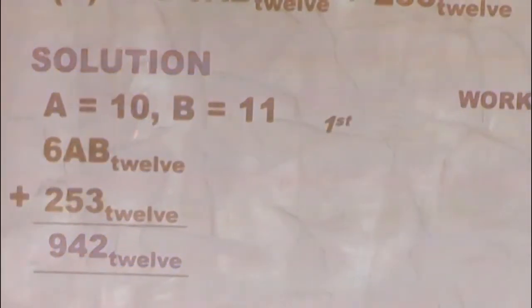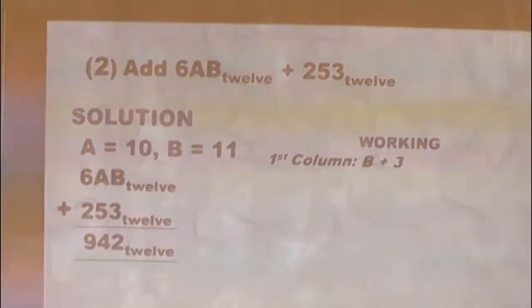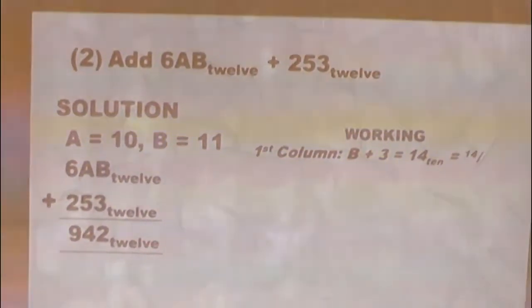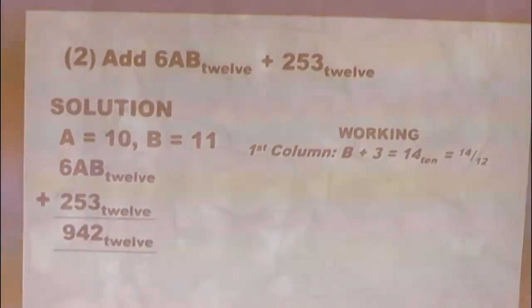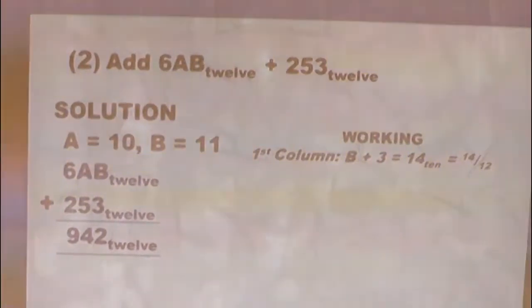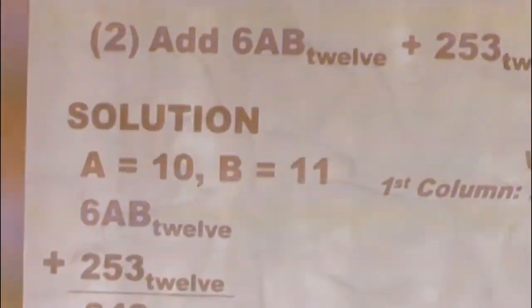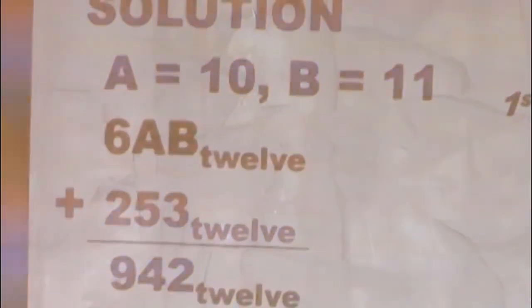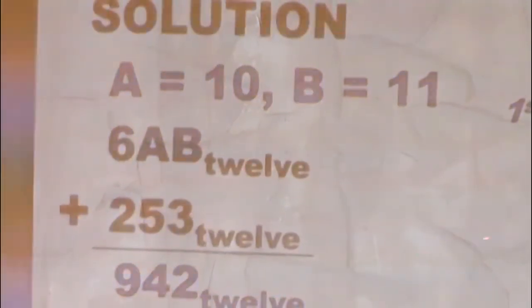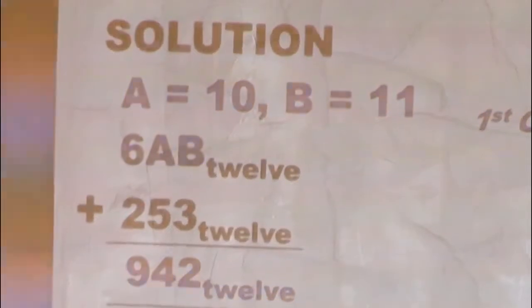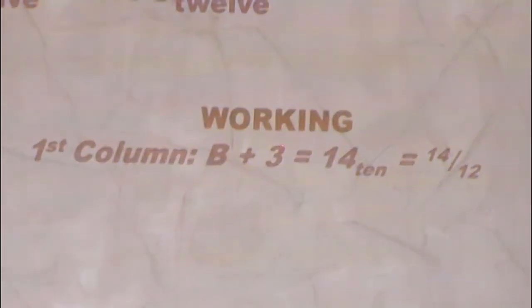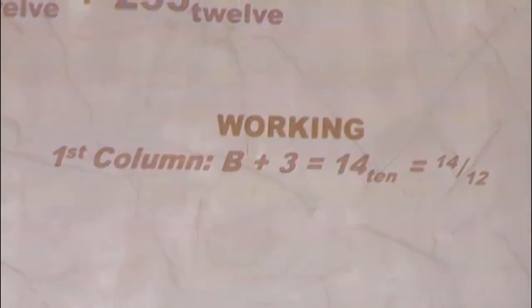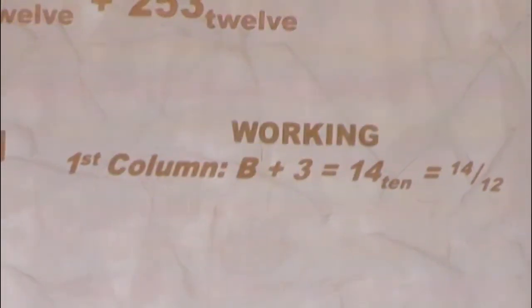Now, the first column, like our addition, when we have B plus 3, remember we said in our previous class A equals 10 and B equals 11. So adding B plus 3, that is 11 plus 3, and we'll have 14 in base 10.